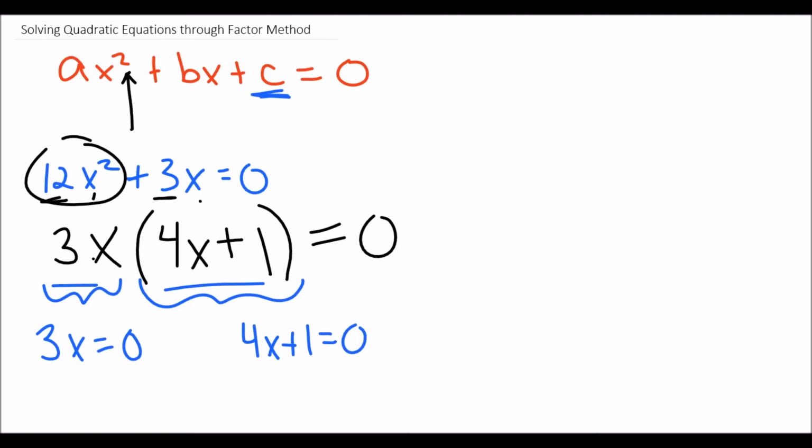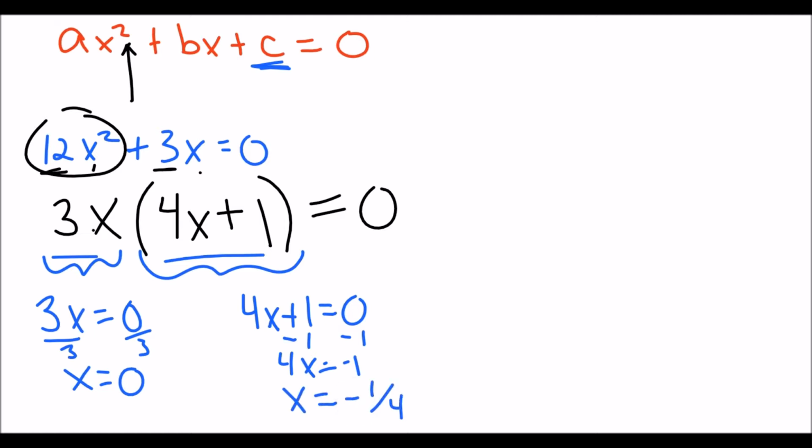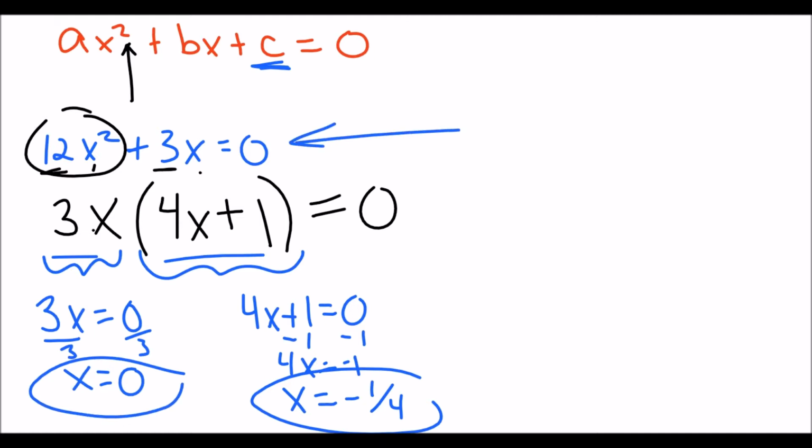That's why we write both. Then from there, we just solve for x. Divide by 3, x equals 0, or minus 1, 4x equals negative 1, and x equals negative 1/4. So there are our solutions to this equation using factoring.